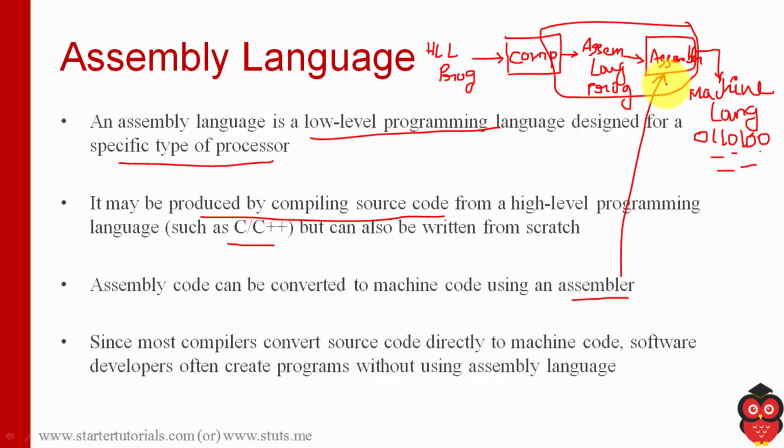So it's software which converts an assembly language program to a machine language program or code. I also told you that some of the compilers might not generate assembly code. They will convert the high-level language program directly to machine language.